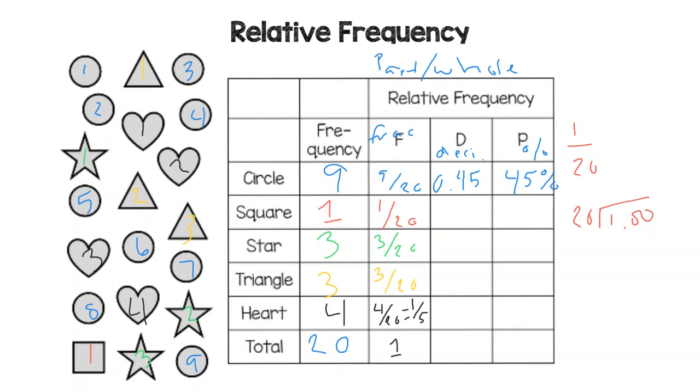We're going to move our decimal straight to the top, and we're going to start dividing. 20 goes into 1 0 times, 20 goes into 10 0 times, and 20 goes into 100 5 times, and 5 times 20 is 100. So 1/20th is equal to 5 hundredths. Our decimal is 0.05. Again, we're going to move this decimal 2 places to the right to get our percent, and our percent is 5%.